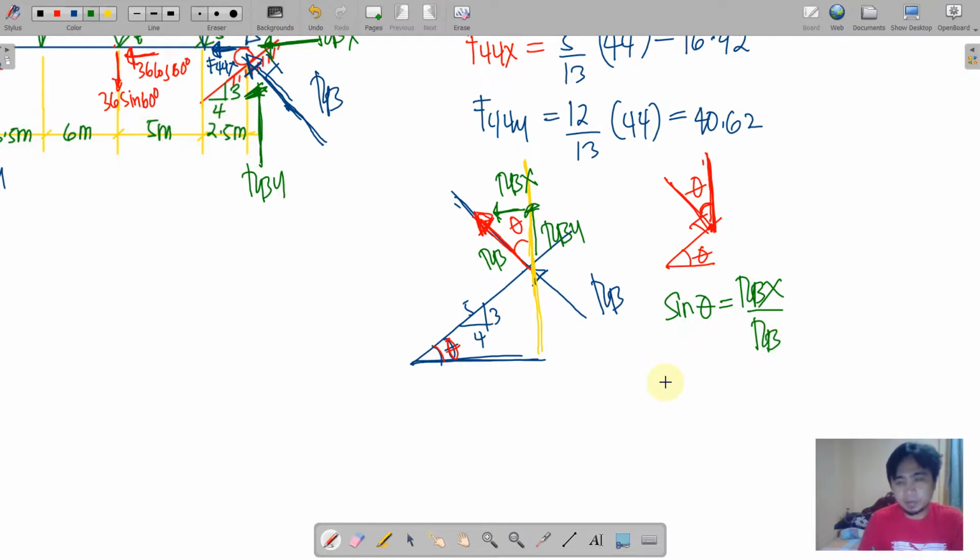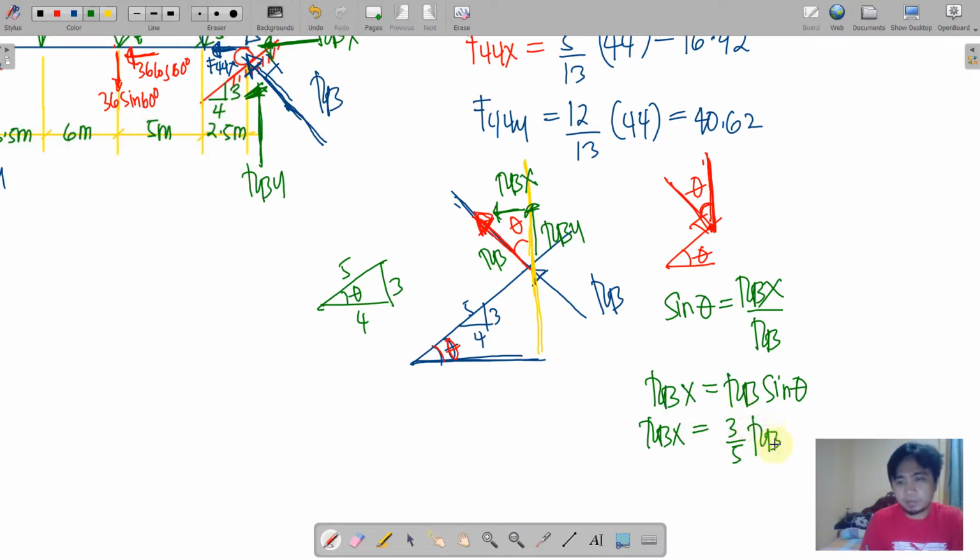So therefore, by cross multiplication, RBX is equal to RB sine of theta. Now, referring to the angle theta, this is 4, 3, and 5. Sine theta is 3 all over 5. Opposite over hypotenuse, that is 3 over 5. So RBX is 3 all over 5 of RB.